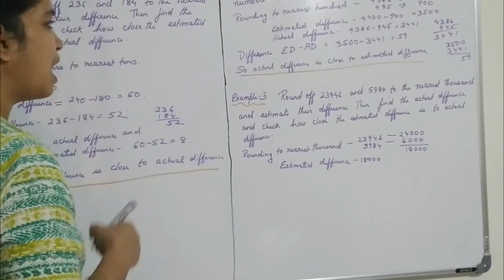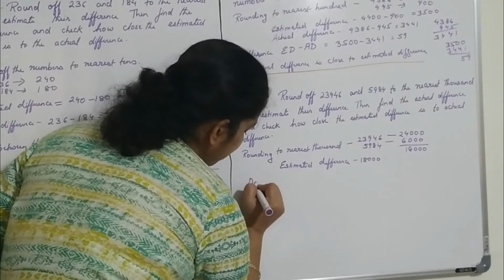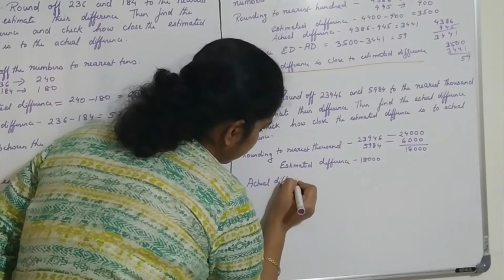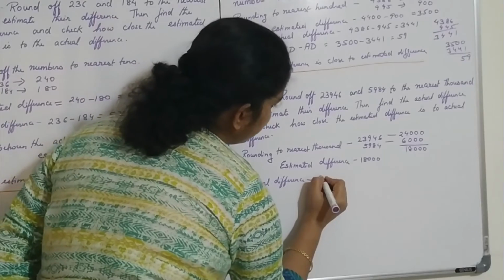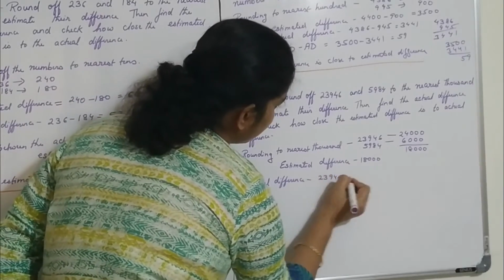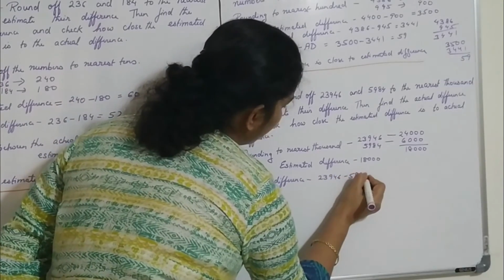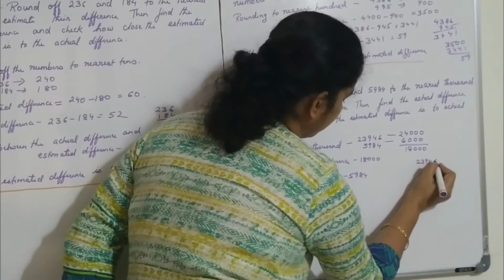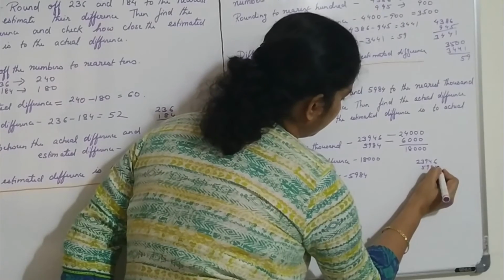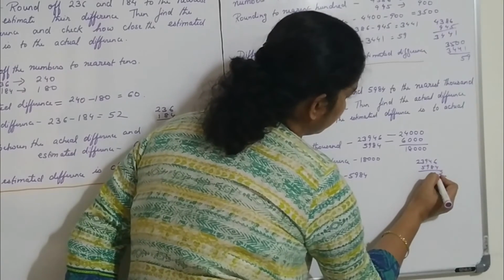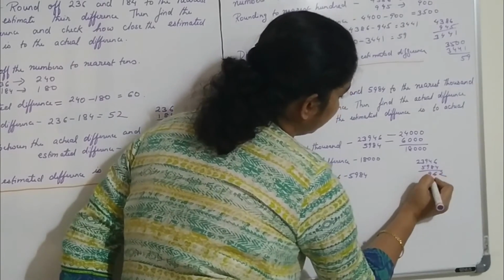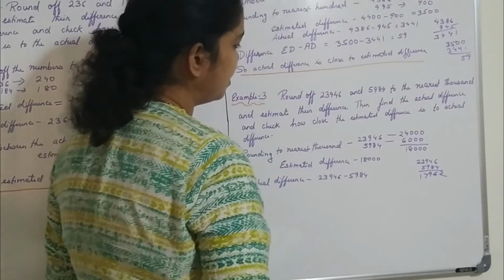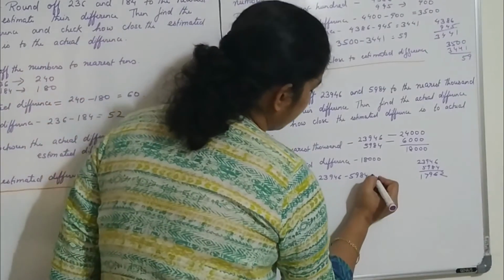Now we have to find the actual difference, which is 23946 minus 5984. So let's find out: it equals 17962.